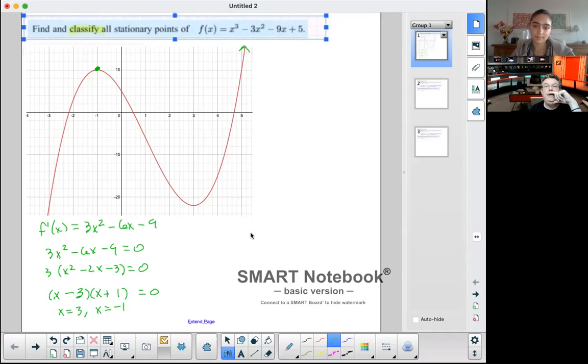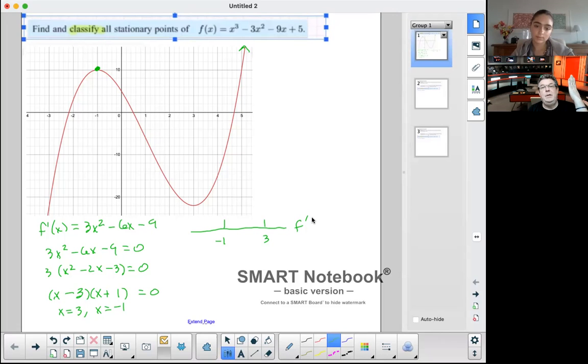Well, we do what's called a sign diagram, SIGN, as in positive or negative. What we do is we say, okay, f prime, and we put where the derivative is equal to 0, which is at -1 and 3. Again, this is a sign diagram for the derivative.